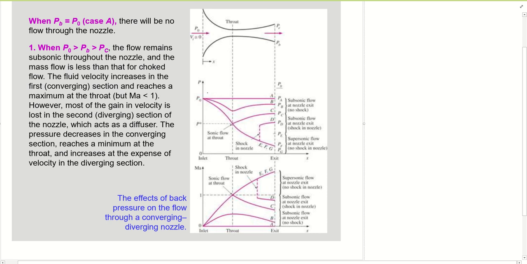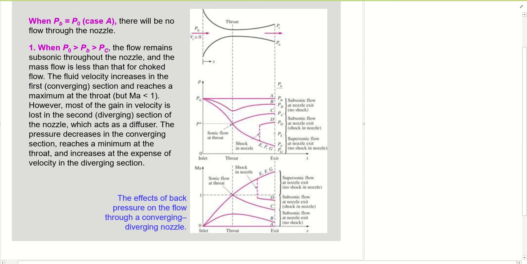Now this figure is pressure versus x, the coordinate along the nozzle, and this figure is Mach number versus x.